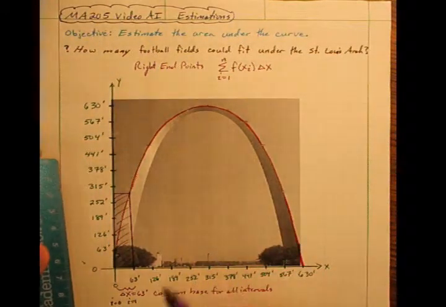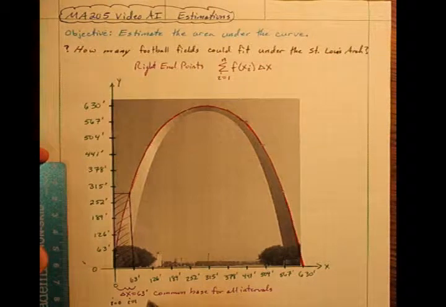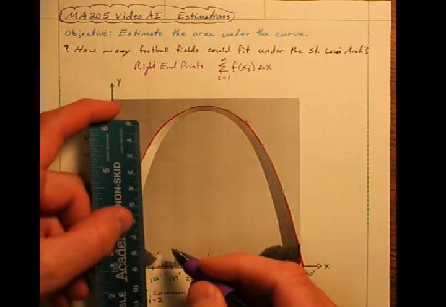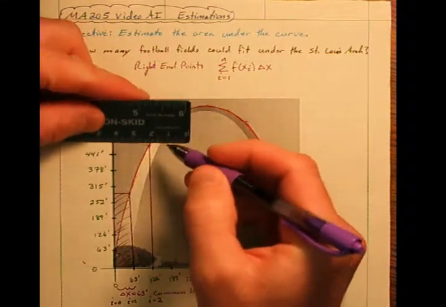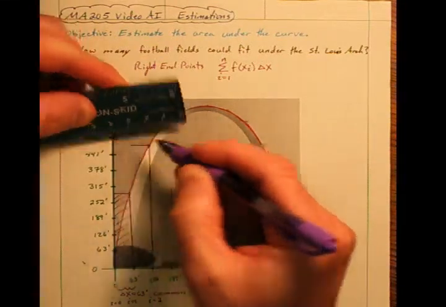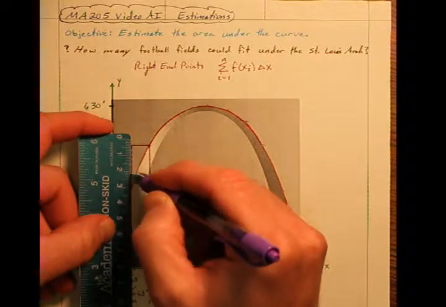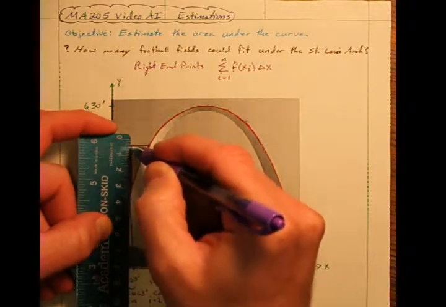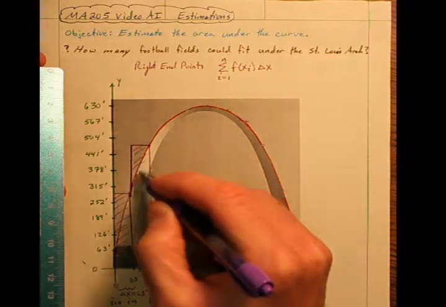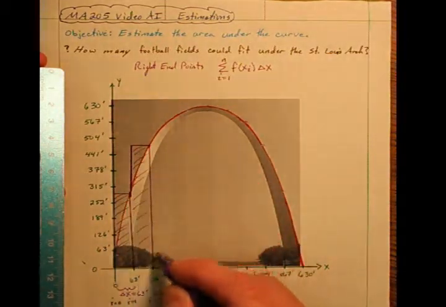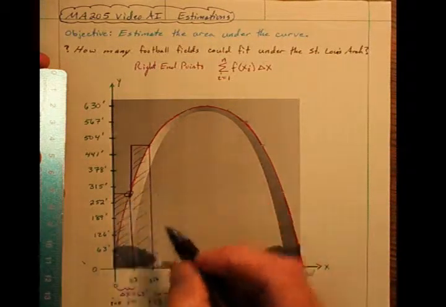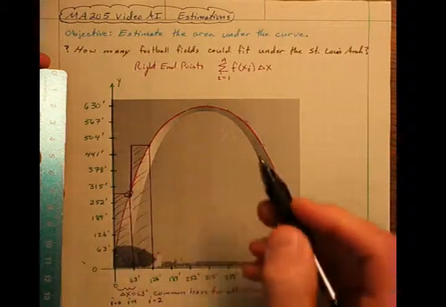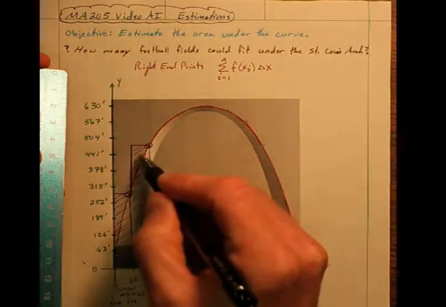Again, I go to my next one, in which case my next iteration would be i equals 2, and I would go to 126. Then to complete this rectangle, tie it in with this one. This is the right endpoint method because the right endpoint of this rectangle is touching the curve, and here the right endpoint is again touching the curve.